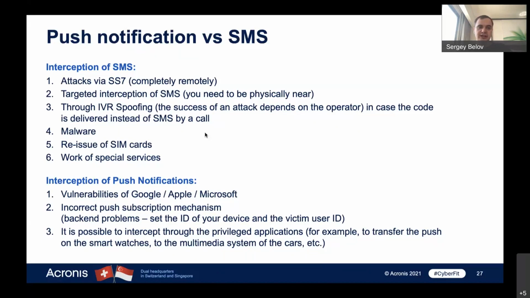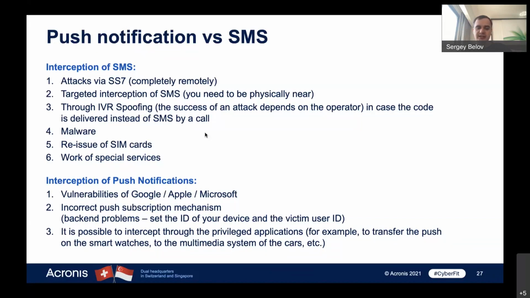With push notifications, it's harder to intercept, because attackers have to find issues in Google, Apple, or Microsoft. Now, I think it's mostly only Google and Apple or Amazon, who also have their own push notification systems, and it's hard. Obviously, if your service implemented it in some wrong way, it's possible to subscribe to the push notifications of another user ID.